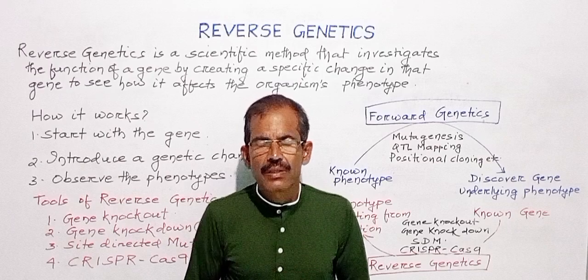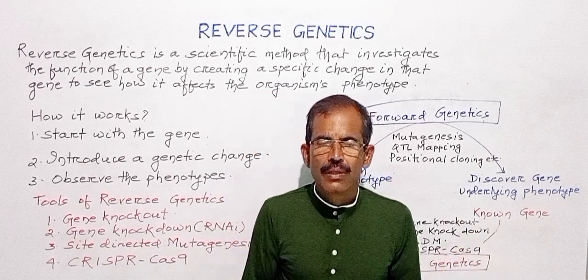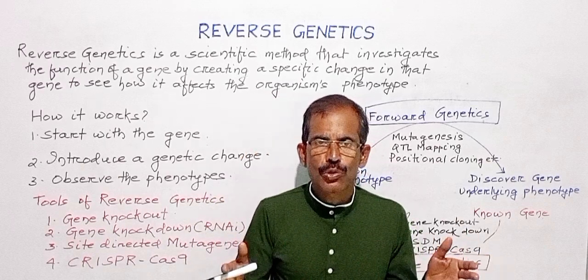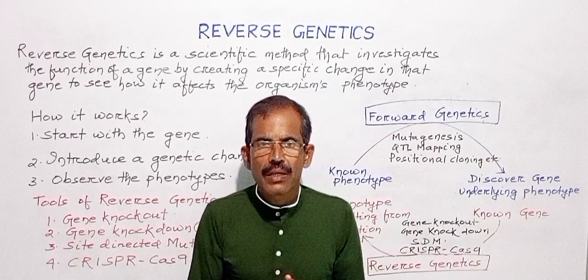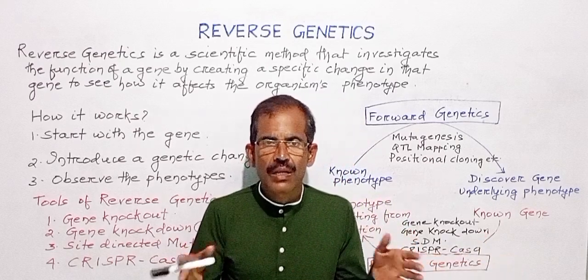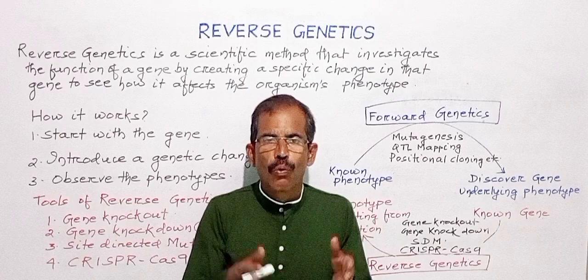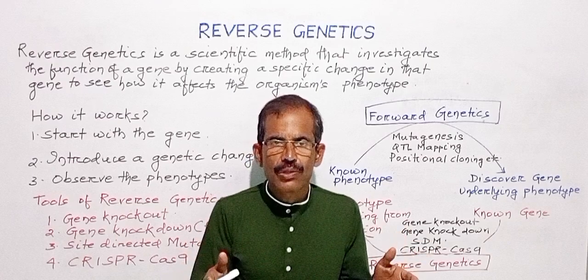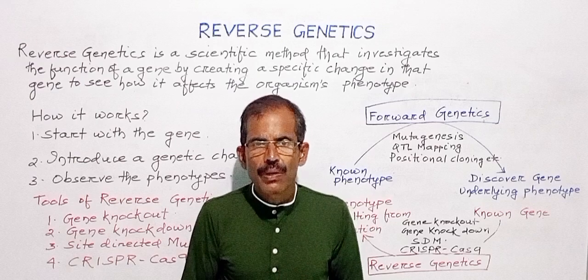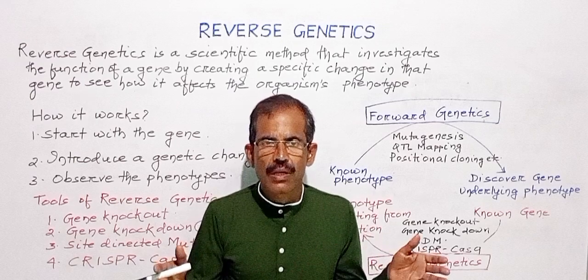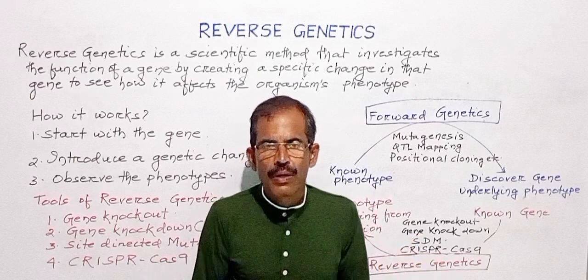Reverse genetics is a scientific method that investigates the function of a gene of known sequence by creating a specific change in that gene to see what effect it has on the organism's phenotype. Phenotype is the observable characteristics of the organism.